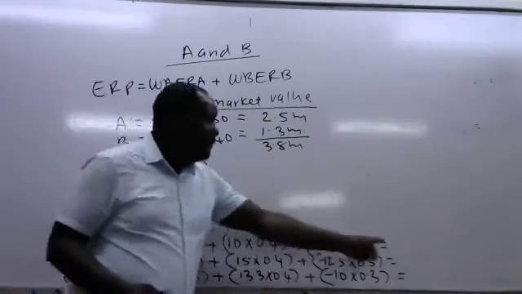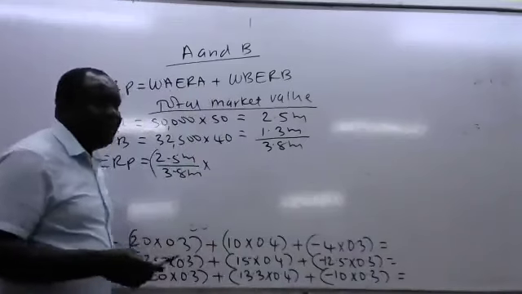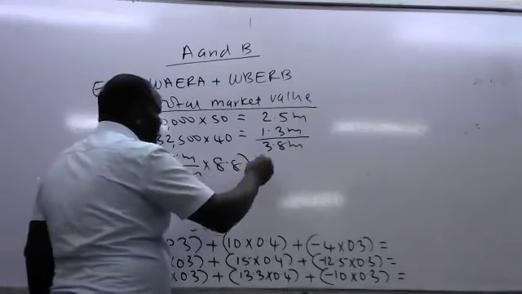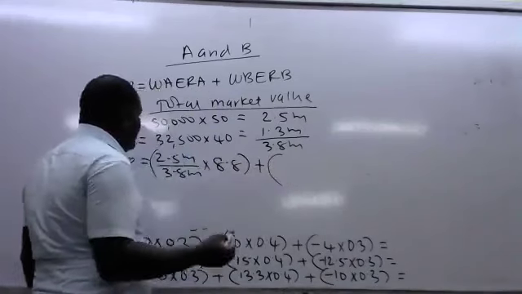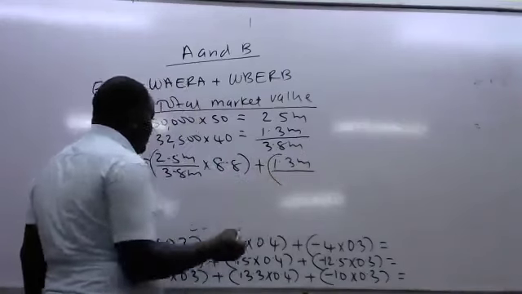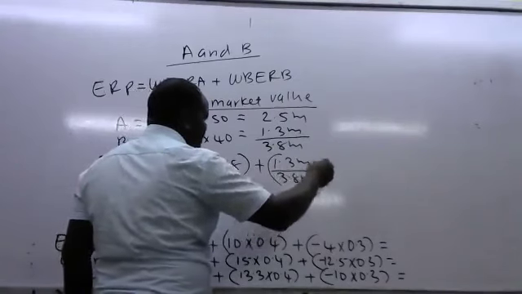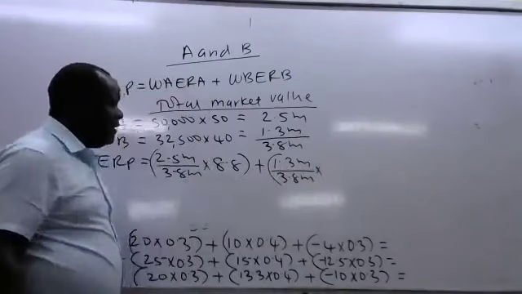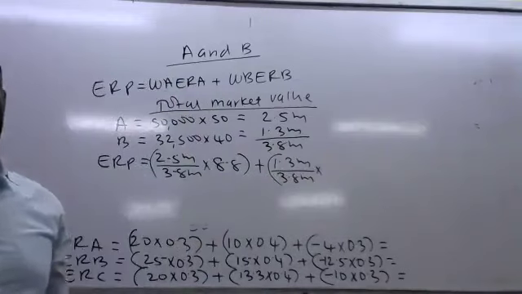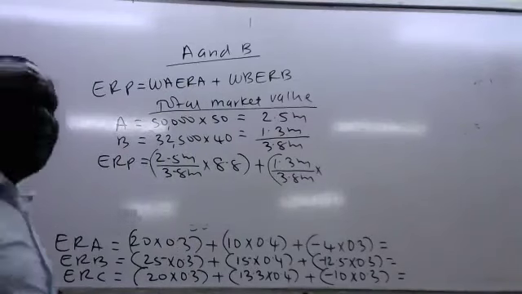8.8. Then we add this other one, it is 1.3 million. We also divide by 3.8 million. So we multiply by the expected return for B. So what are we getting as expected return for B? 9.75.